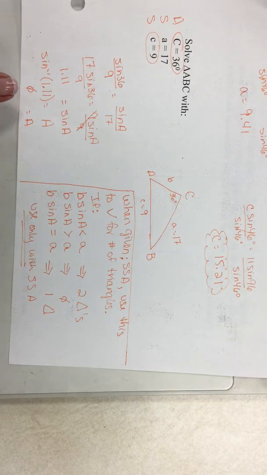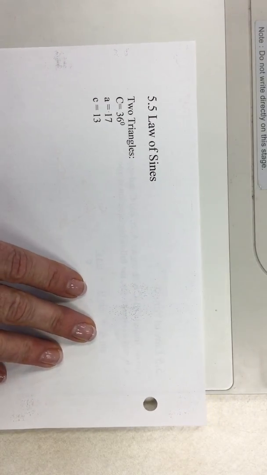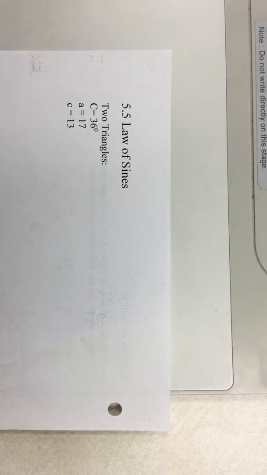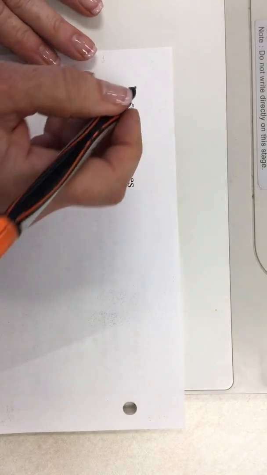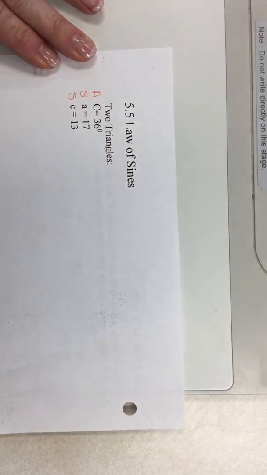Okay, so we are going to pick up today with our second example. Flip your papers to the back side. The first thing we're going to do is use that little gimmick to see how many triangles I'm going to have. Because if I look at this, I have that same situation, angle, side, side.